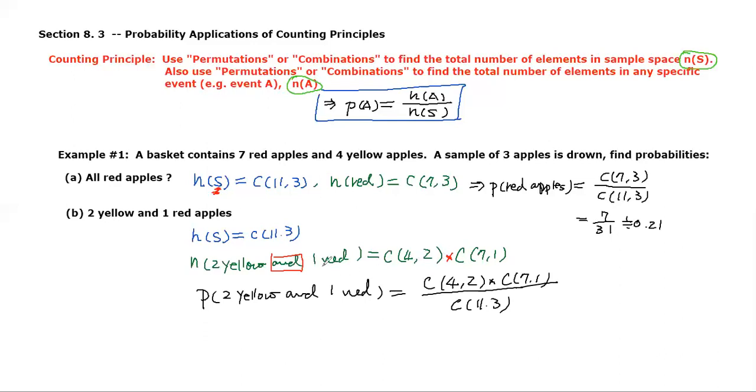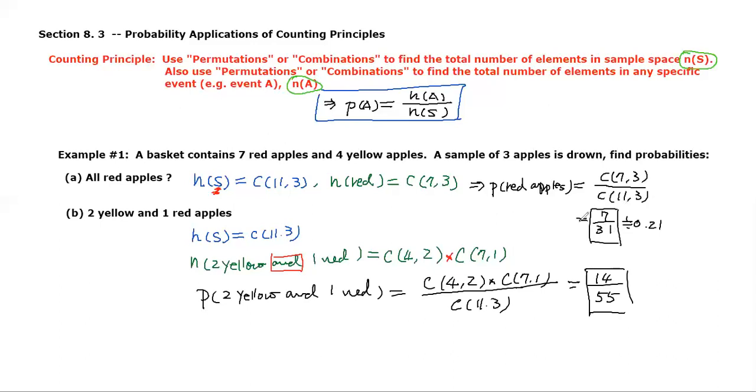Because here, remember, the keyword is "and." If you put it into the calculator, it will be 14 over 55. So that will be your answer. If you want, you can change it to decimal. If you don't want to, you can just leave it here. So that's the first example we will talk about.